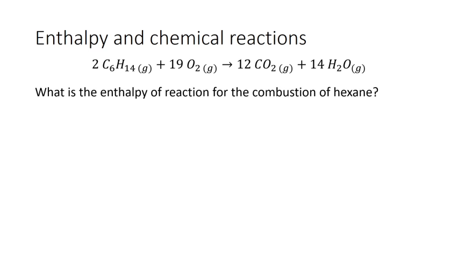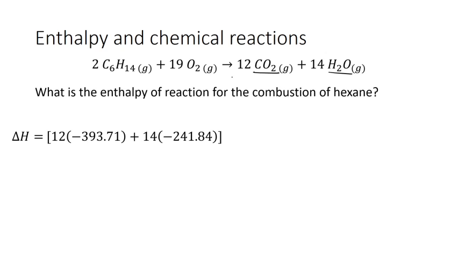To answer that, we are going to do some calculations. First, we're going to calculate delta H for this equation. We look up values for the heats of formation of our products, water and carbon dioxide, on a chart. Carbon dioxide has a heat of formation of negative 393.71, and I'm pretty sure kilojoules per mole is the unit for that.